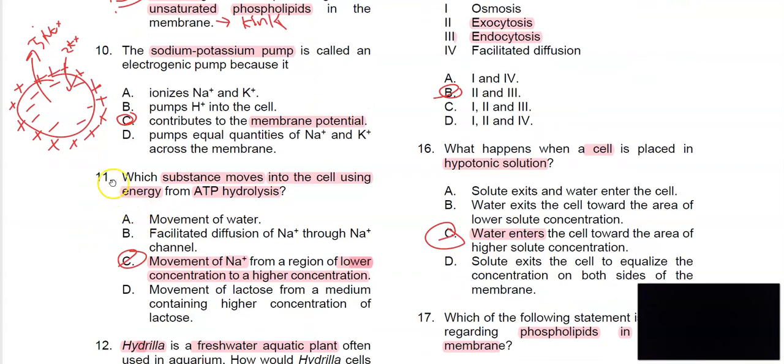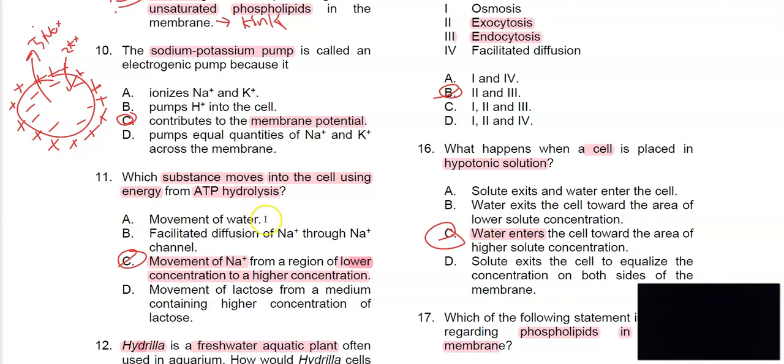So number 11, which substance moves into the cell using energy from ATP hydrolysis? When we see the word ATP, we know instantly that this involves active transport, as it uses energy. So if we look at the choices, obviously A will not be the answer.